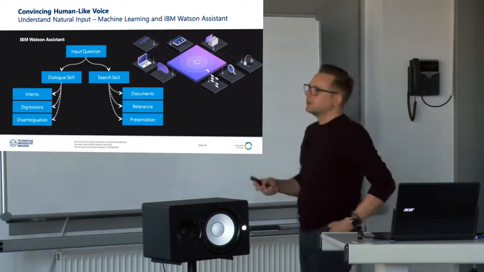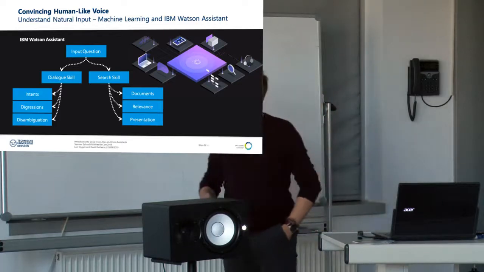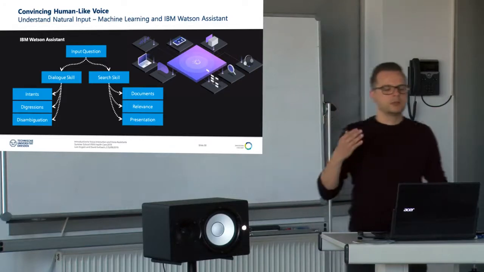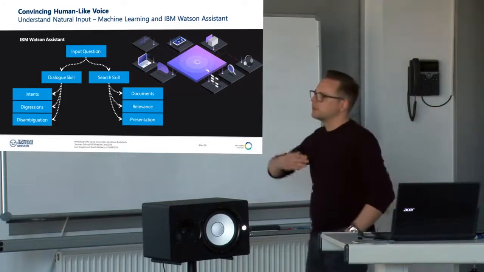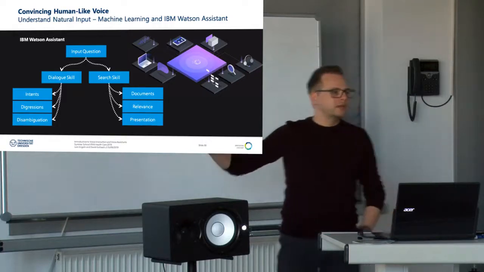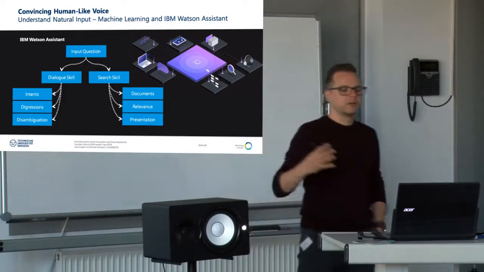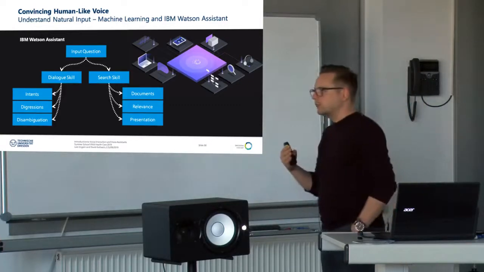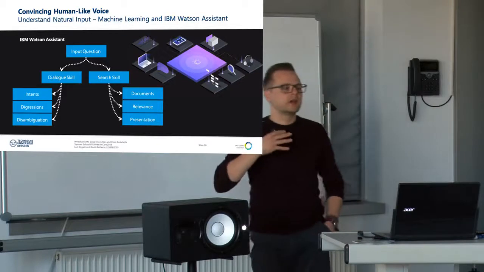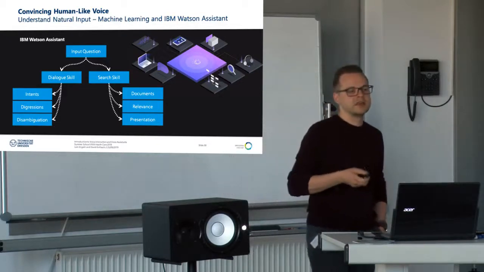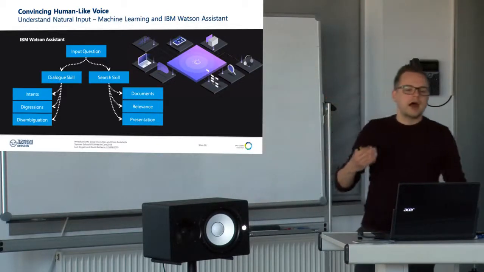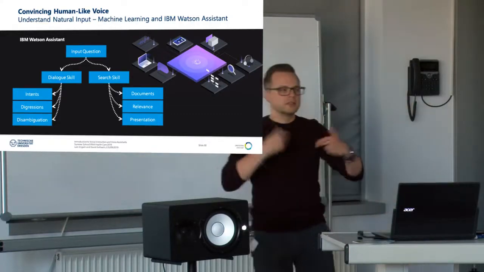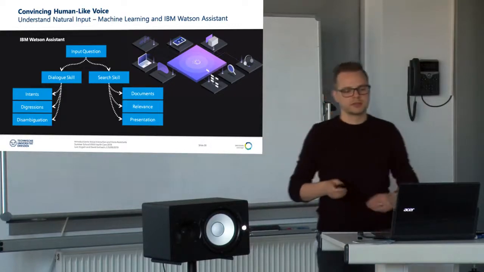But what's new in IBM Watson Assistant is that it's as well able to deal with digressions, so with the switch of topics in between a conversation or one dialogue, or with disambiguation, meaning that some information is missing, there's some kind of uncertainty in what's been said, and the system is able to answer the input or ask the right questions to get further input for the right decision to make here.